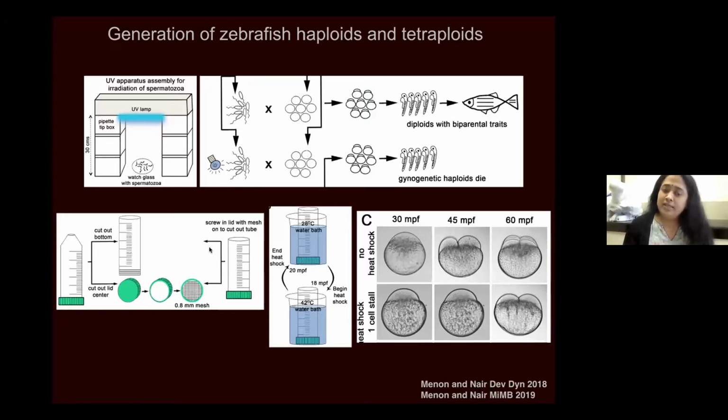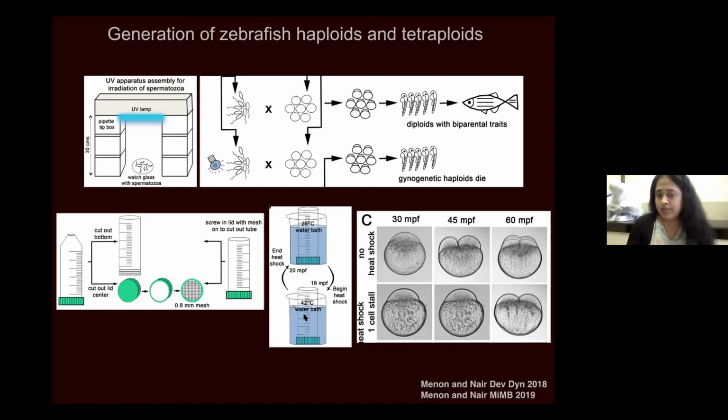We also standardized a well-known technique in zebrafish, and these are things that we custom built in the lab. You can just take a 50 milliliter Falcon tube, cut off its tapered base, and use that as a container with a mesh. Because fish are aquatic species, you need to immerse the embryos in water. So we made these small holders that you can put in a water bath kept at 2 different temperatures, and switch the clutch of embryos between these 2 water baths to induce what is known as a small heat shock. This heat shock is quite mild, only for 2 minutes, but it transiently perturbs the process of cell division.